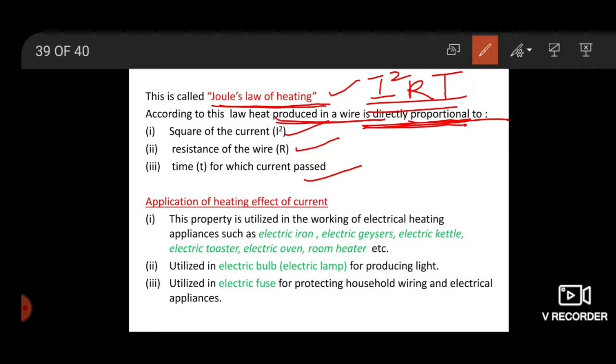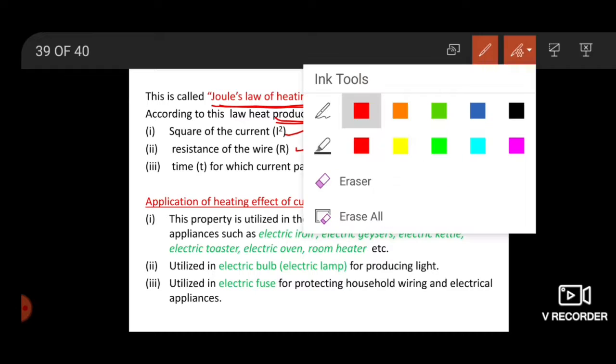When we increase the time taken, the heat is also increased. So all these three quantities, current, resistance and time, directly determine the heat produced in a wire.